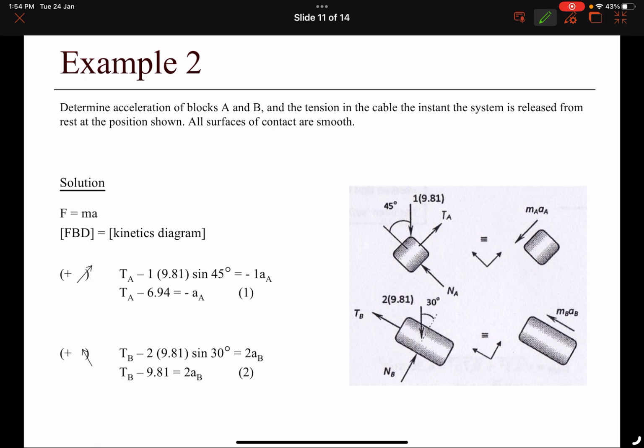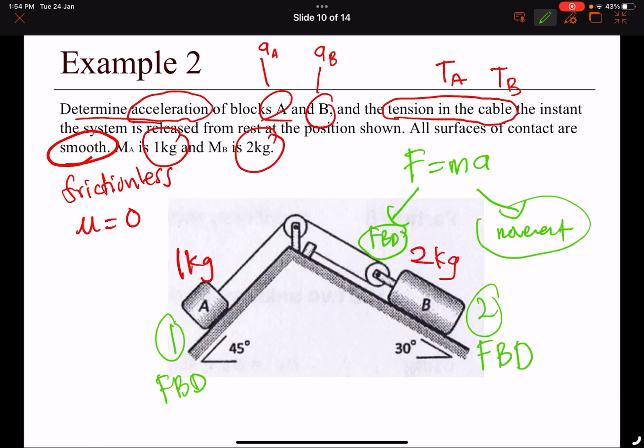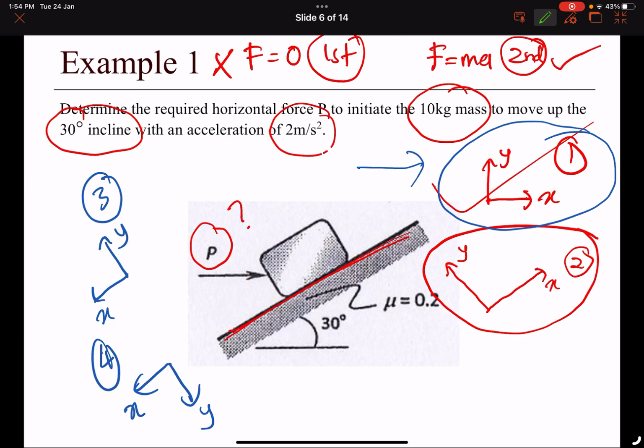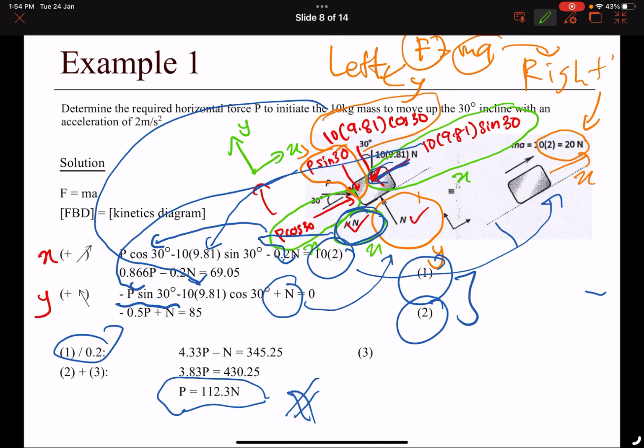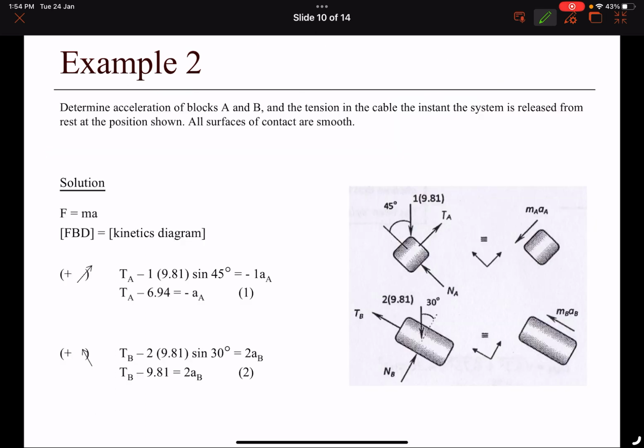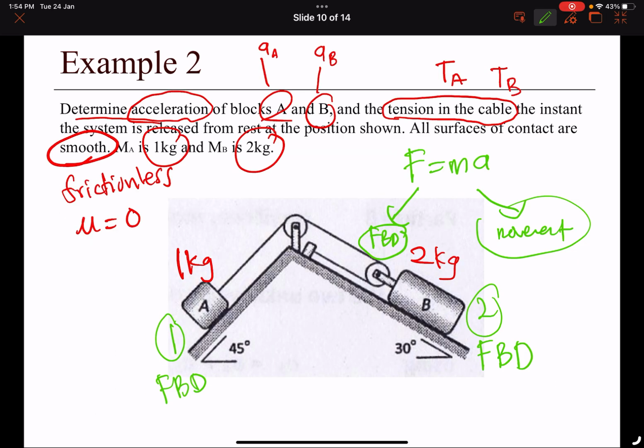Before that, you have to assume the direction of the movement first. In example 1 it was very straightforward: we could assume the rigid body would be moving upwards along the inclined floor, so A is given in this direction.